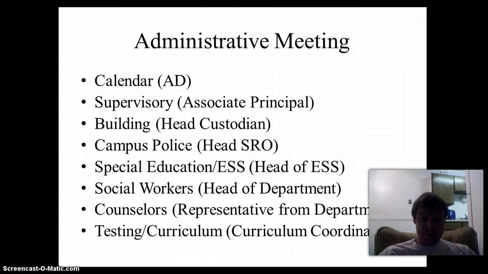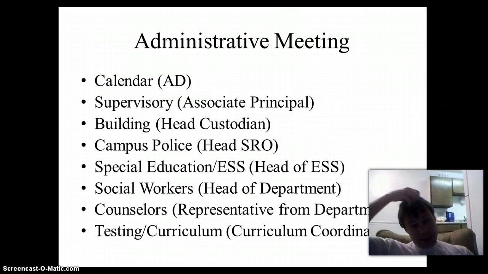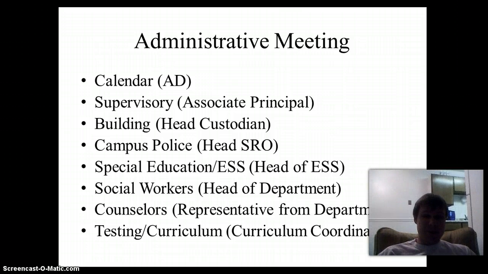The calendar is something that's talked about each week. The activities and athletic director was the one who talked about this, and I found out from this that it's the kind of thing that is taken for granted by a lot of stakeholders and students and probably even faculty, that everything that goes on has to have some kind of administrative attention.